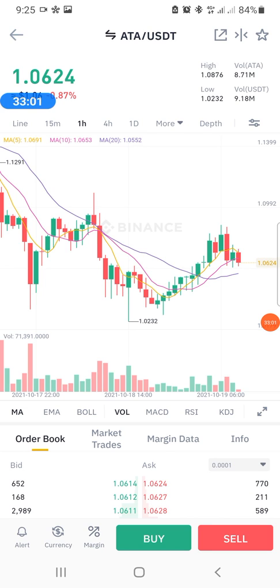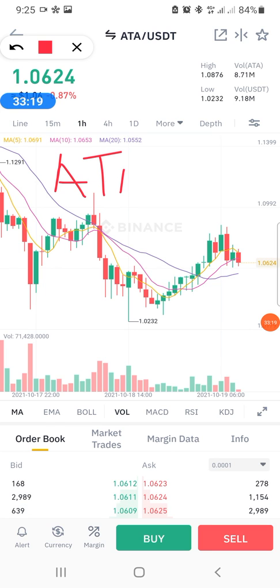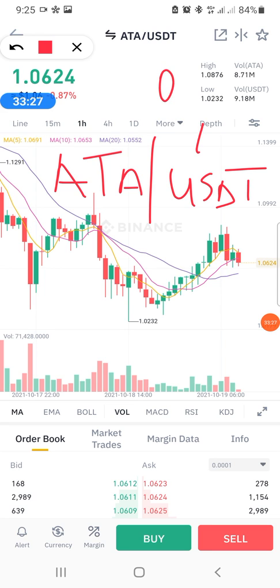We have the one we call the base currency and the one we refer to as the quoted currency or the quote currency. For example, ATA slash USDT. Here is the quote currency.